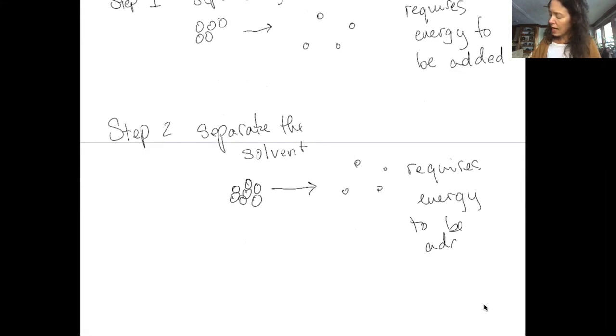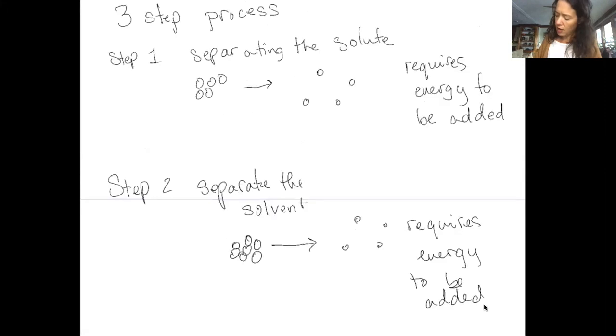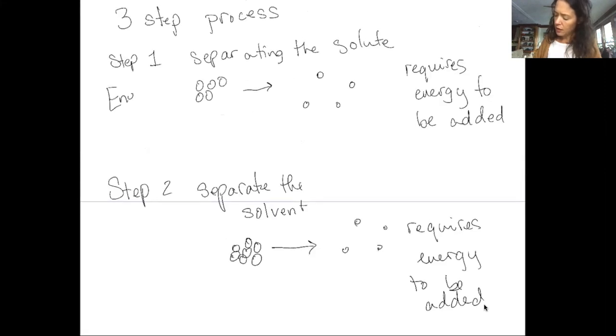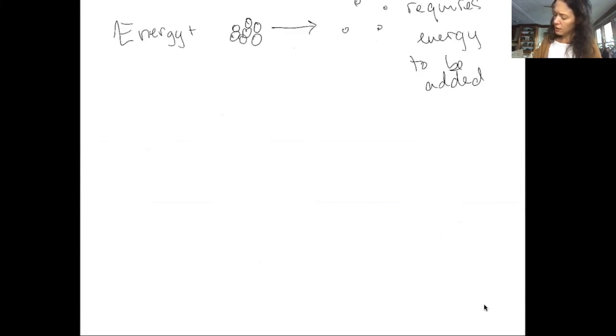Right? It requires an input of energy. All right. So I've got energy added here. I've got energy added here. All right. And then step 3 is the combining of the solute and the solvent.